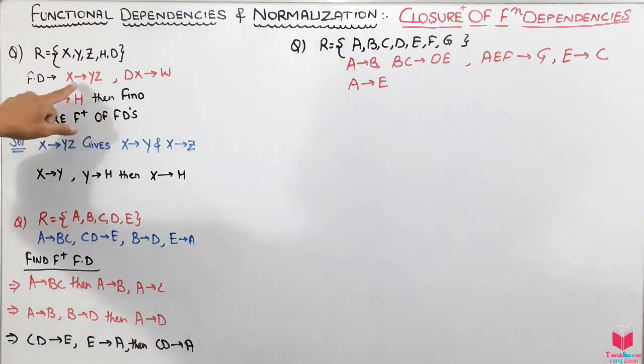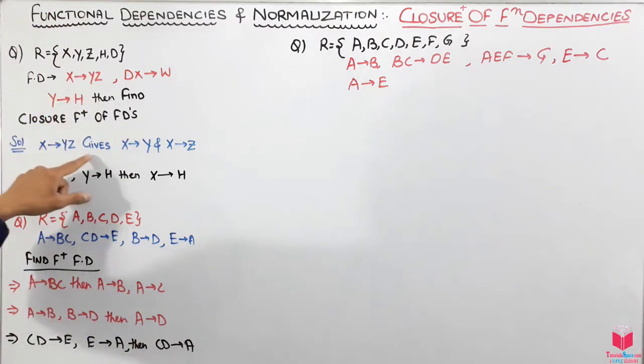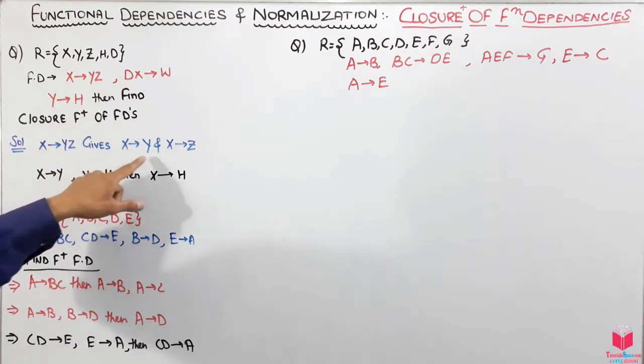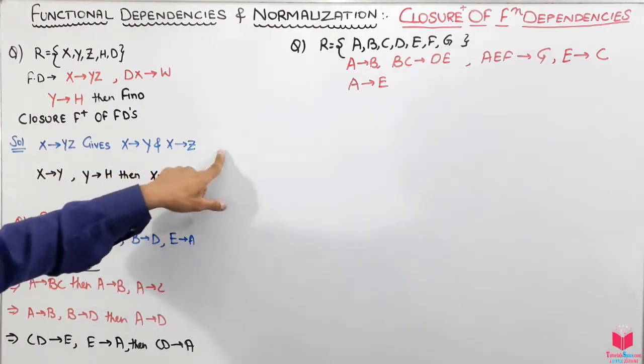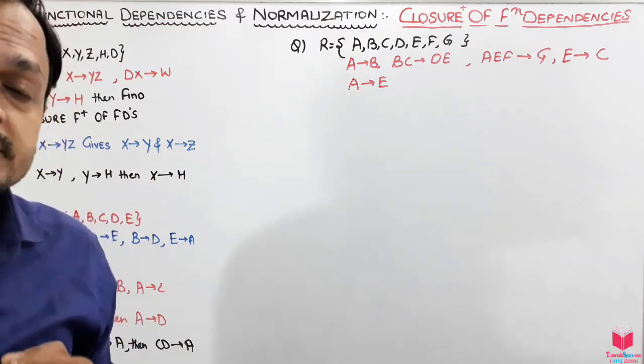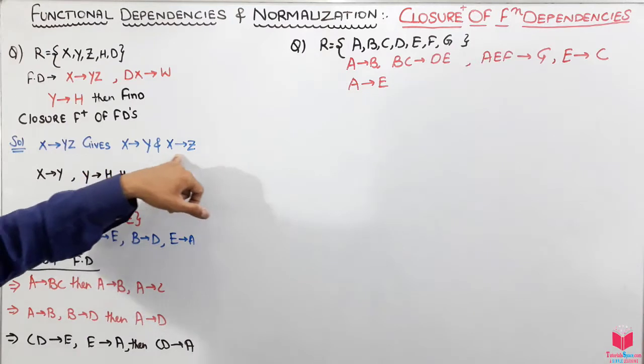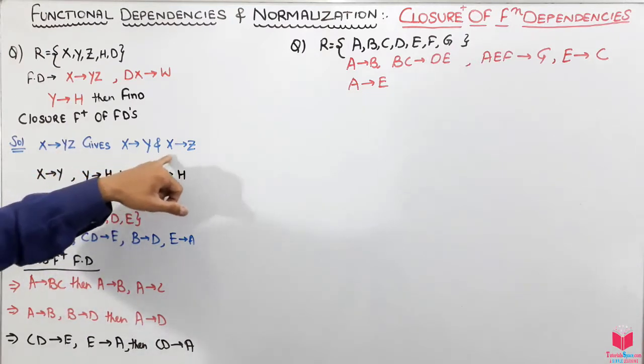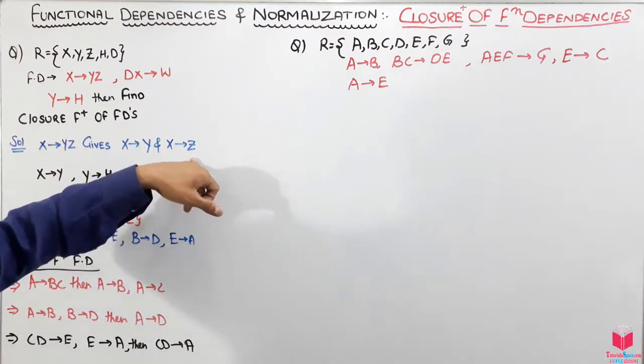So let's see, since we are given X to YZ, from that we can find X to Y and X to Z by using the decomposition axiom. These are the other functional dependencies.